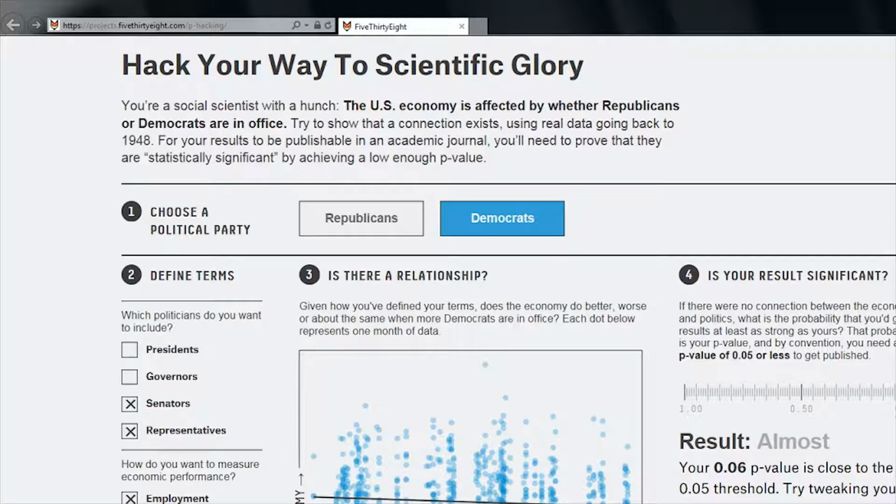Okay, now we're getting somewhere. P is 0.06, very close to the 0.05 threshold, right? So we need to do something else. Perhaps it's wise to exclude recessions like the one in 2008, right?